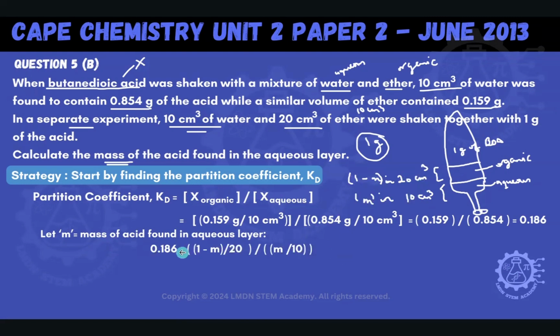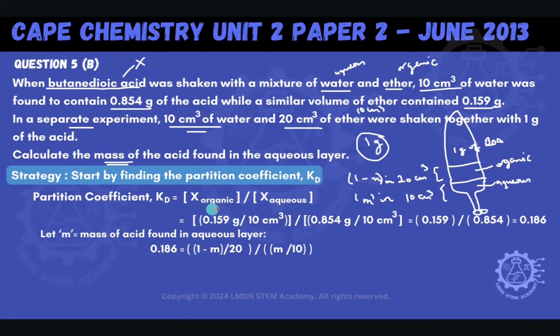So this is what we're going to have. We had our KD from up here. It still carries forward. It's not going to change. It's an equilibrium constant. So assuming our temperature remains the same, this will hold true again, even in our separate experiment. My KD is still true.